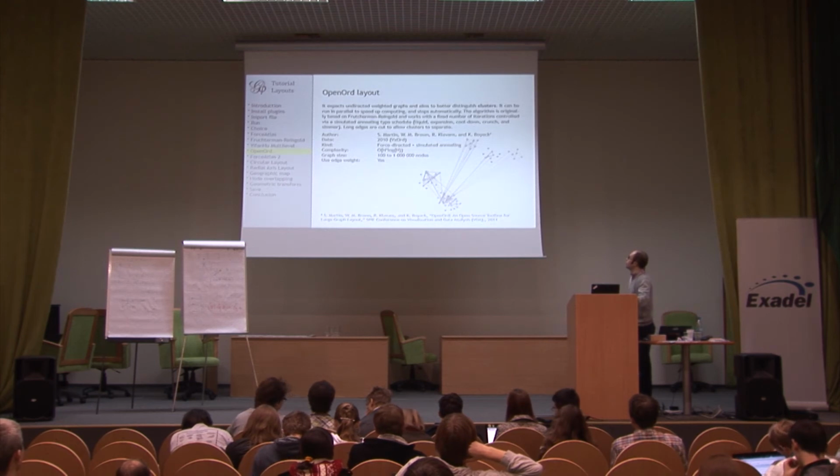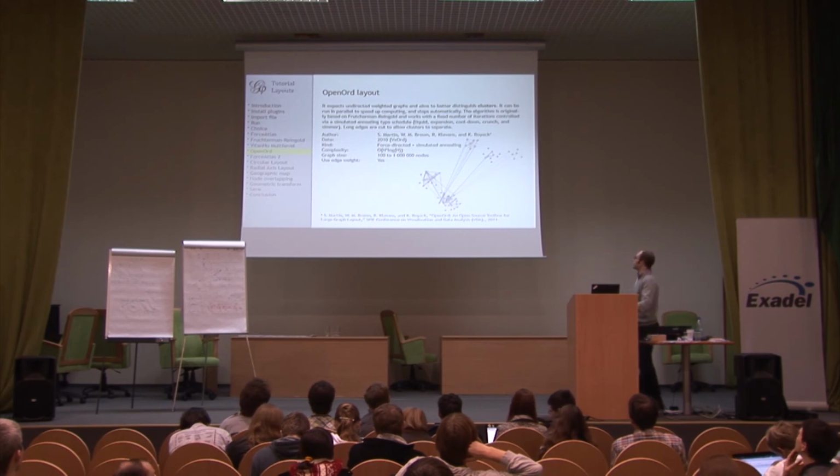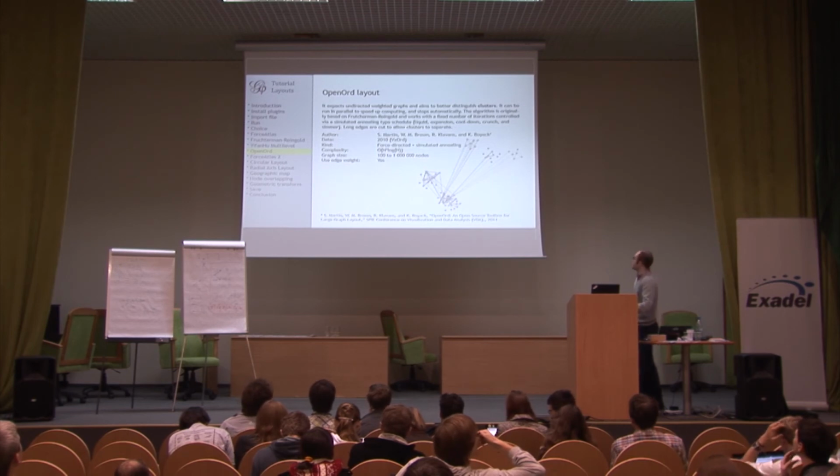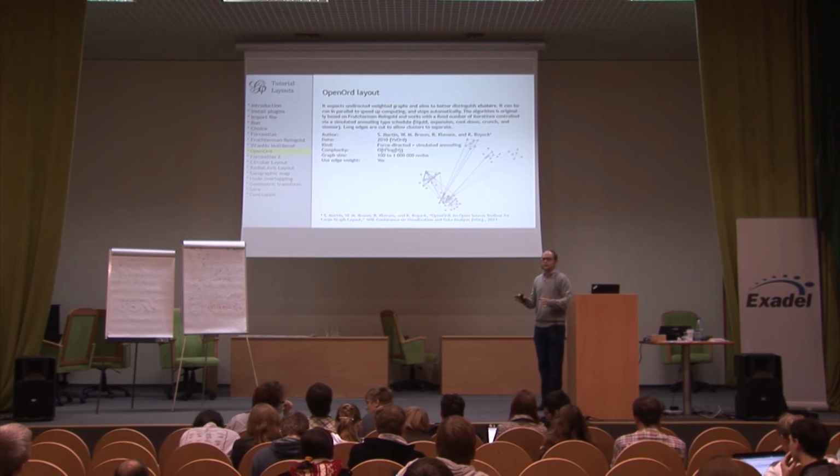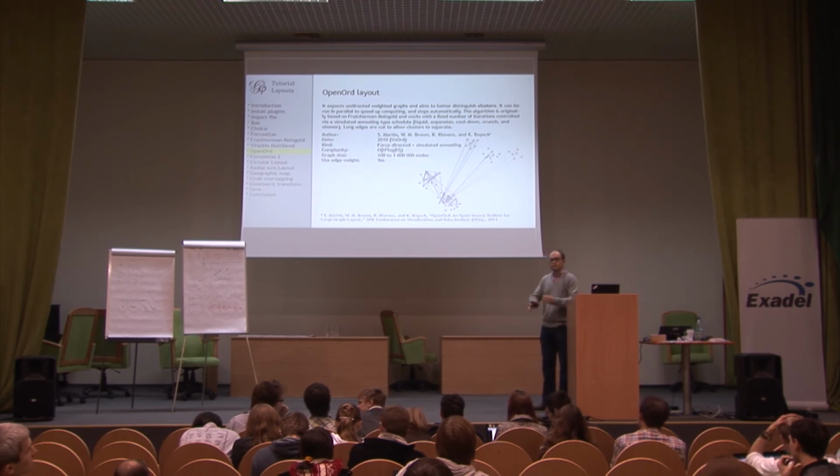Yeah, OpenORD. Also a very good layout for very, very large networks. I mean, you can easily scale. It is very fast. The point here is that the algorithm will try to identify the communities, basically, and will cut the long-distance edges.